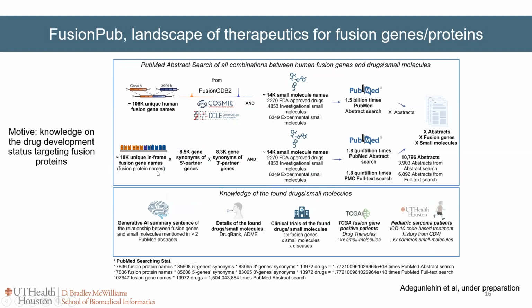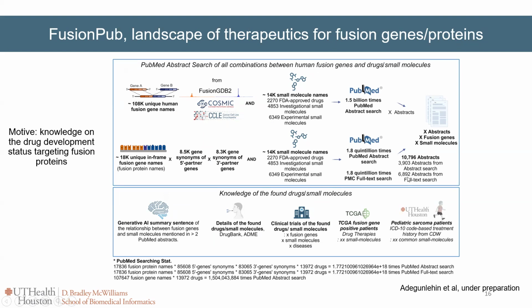And recently we wanted to get the landscape of therapeutics of fusion genes and proteins from PubMed search. So we searched PubMed 1.5 billion times, and also 1.8 quintillion times of abstract search, based on the number of fusion genes, gene synonyms, head gene, tail gene, and 14,000 drugs.